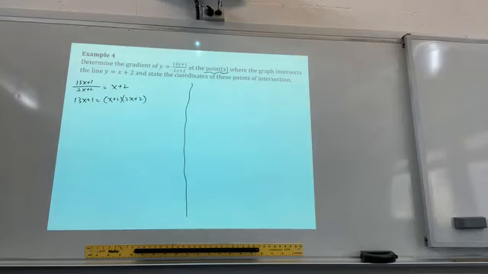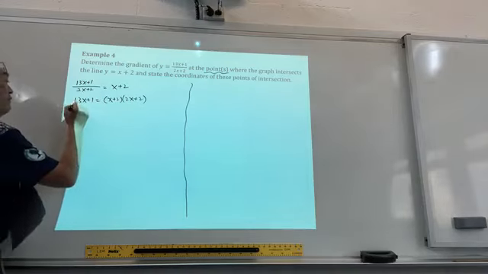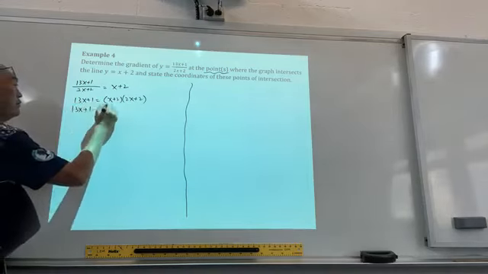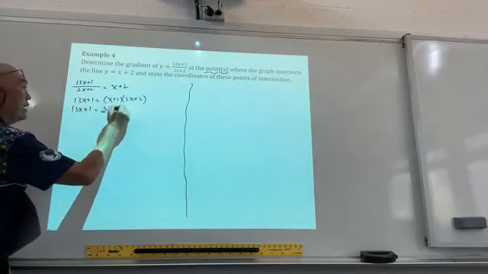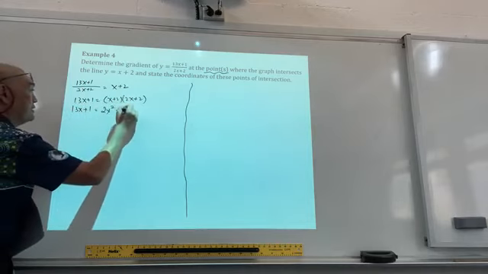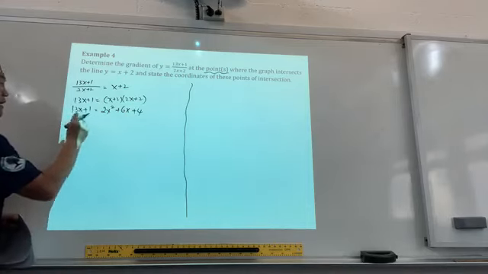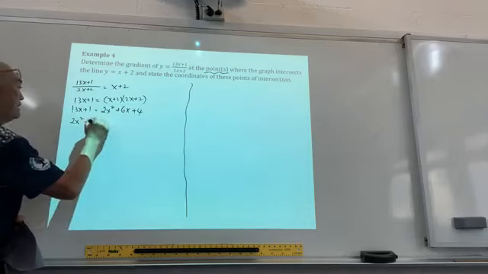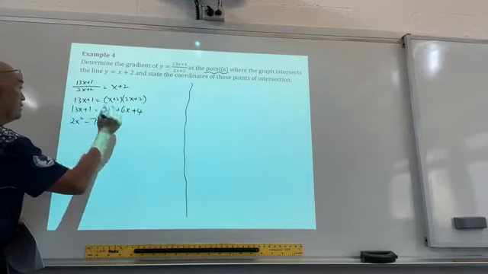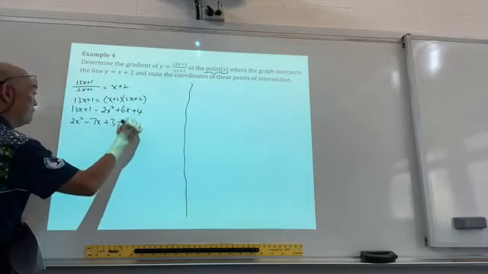Happy with that? So I do have now 13x plus 1 equals 2x squared plus 4x plus 2x plus 6x plus 4. So therefore, 2x squared minus 7x plus 3 equals 0.